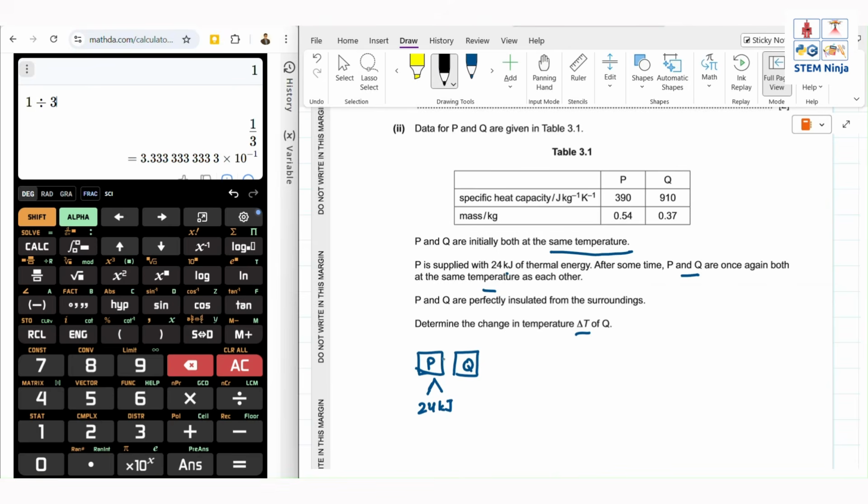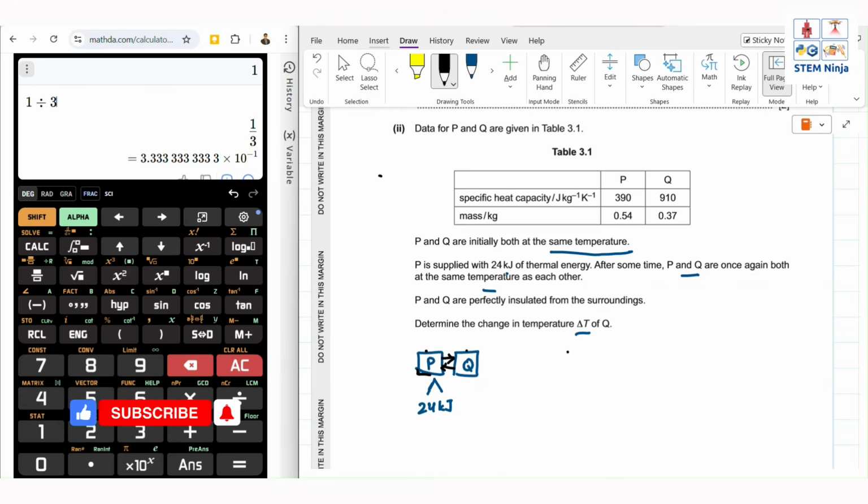And what it will do is create a net transfer of heat until they both have the same temperature. So this is what we're actually talking about. This means that the 24 kilojoules, although it's supplied to P, is distributed in both P and Q.